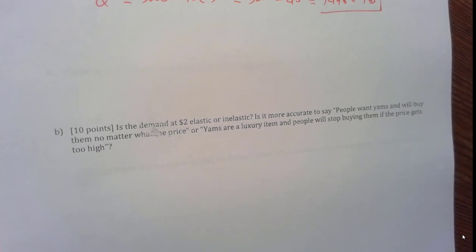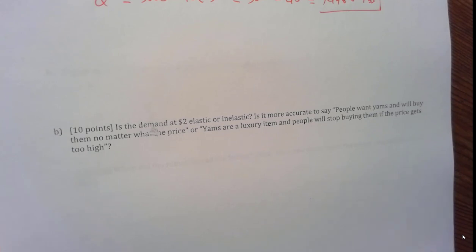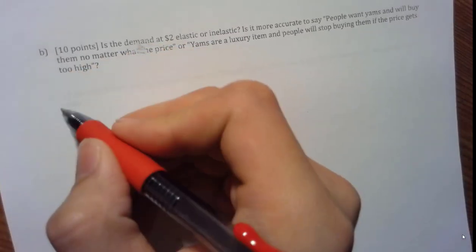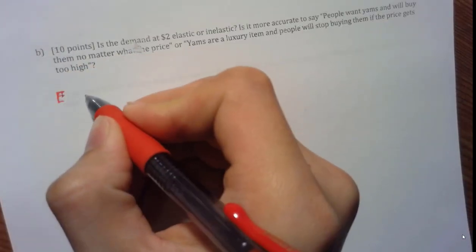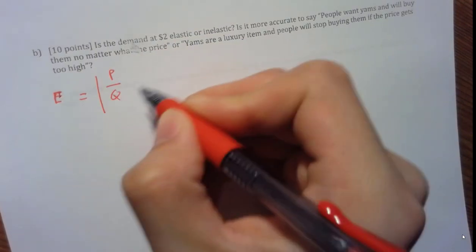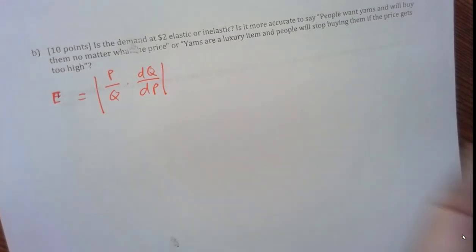We are trying to see if this is elastic or inelastic first, and then we can make the conclusion about the statement. Now, to find the elasticity of demand, the formula for the elasticity E is equal to the absolute value of P over Q multiplied by dQ over dP, right?